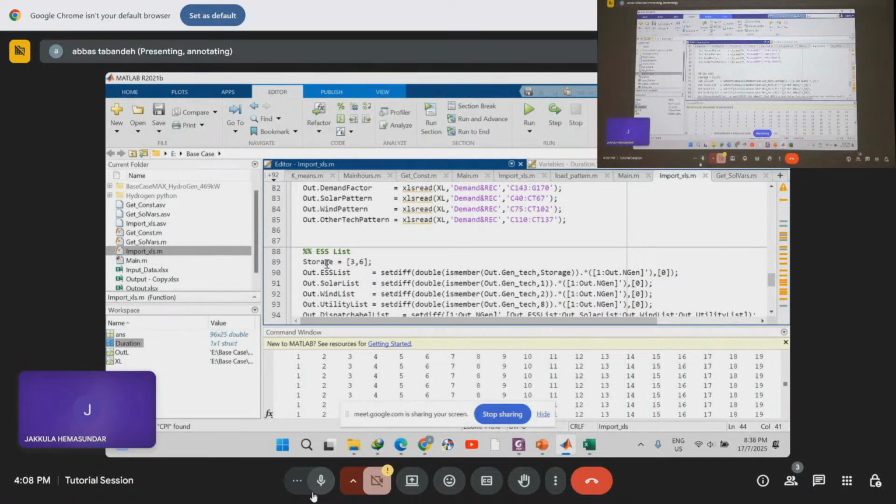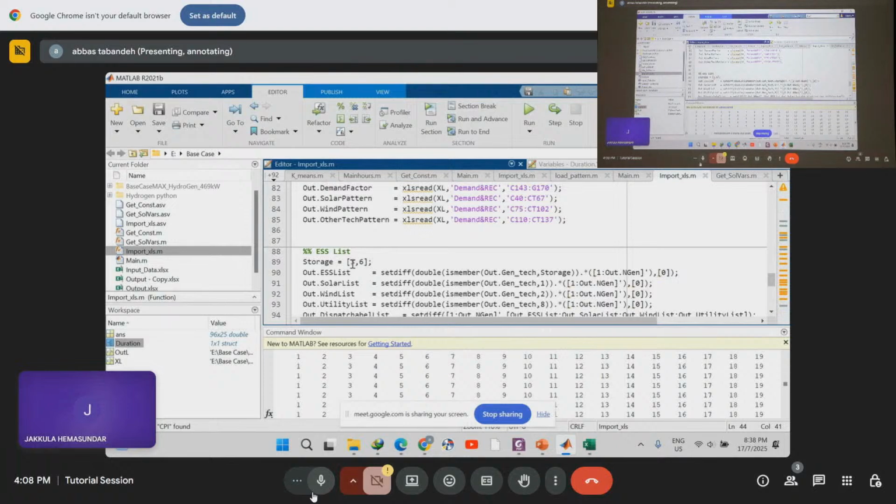And here we have defined a list for our energy storage systems. We put these numbers in the array that we have defined, 3 and 6.